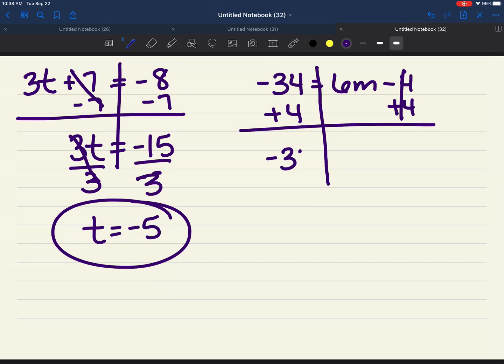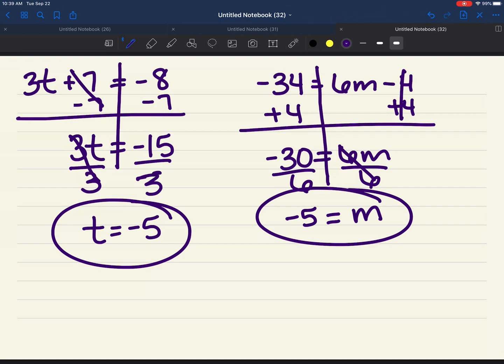Negative 30. So I have negative 30 is equal to 6m. And you're going to divide by 6 on each side. Is 6 divided by 6 going to leave you with just 1m or just m? M. Yeah. Okay. And then 30 divided by 6 is 5. But negative. Good.